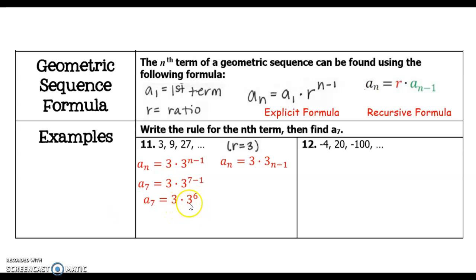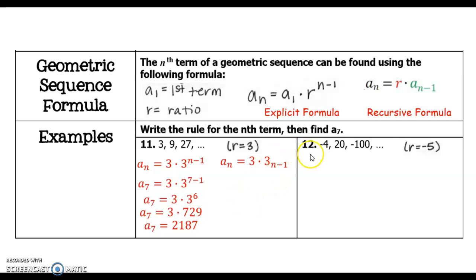So we've got 3 times 3 to the 6th power. Remember, you want to do your exponents first. So 3 to the 6th power is 729. 3 times 729 is 2,187. This over on the right happens to be the recursive formula for this sequence.